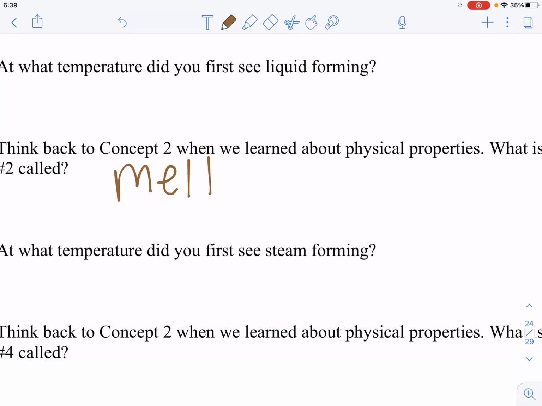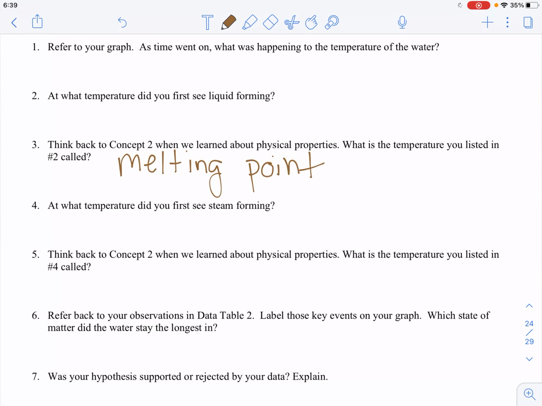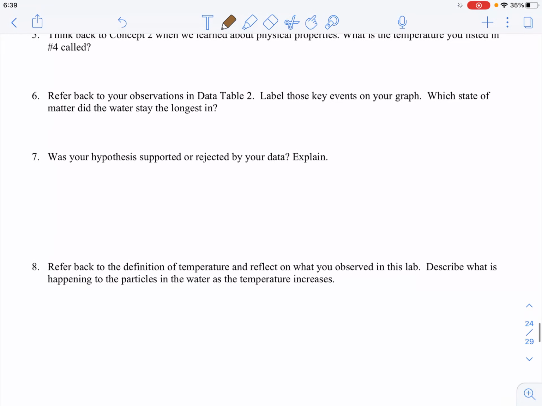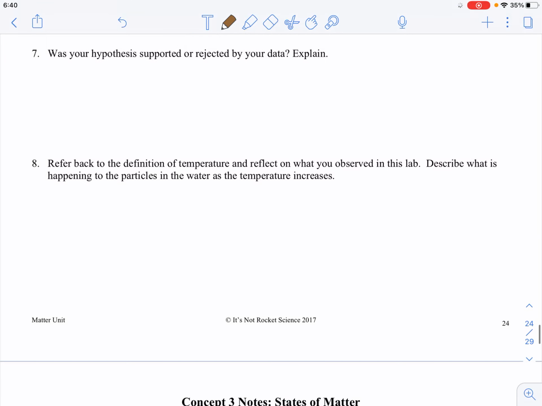So it's the point at which we first see liquid forming. All right. So then that should help you answer number 5. So 6, you should be able to answer 7. Okay. I think you should be able to answer that one.